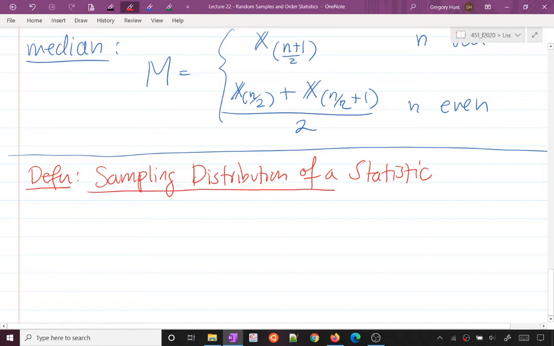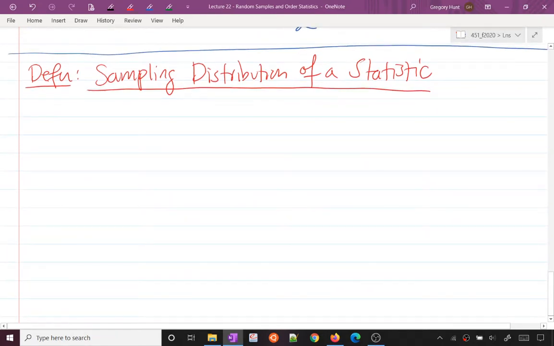In an intro stats class, we talk about the sampling distribution of X bar, or of p hat, the estimate of the population proportion. The term sampling distribution is actually not used too much in advanced upper-level statistics courses because it's a little bit redundant, but we'll define it here just to make the connection to the intro stats course.